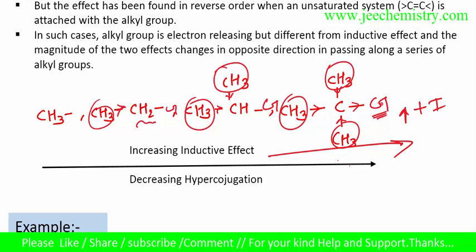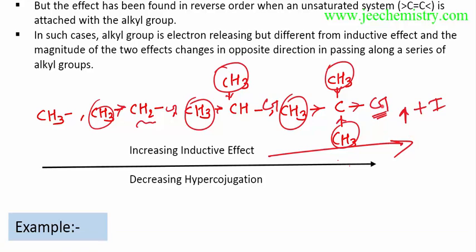But if the group is unsaturated, the order will be reverse, with decreasing hyperconjugation. Unsaturated means double bonds are present, a positive charge is present, or a free radical is present.